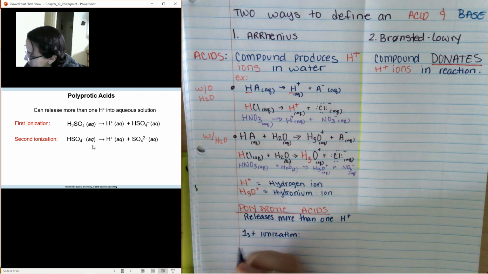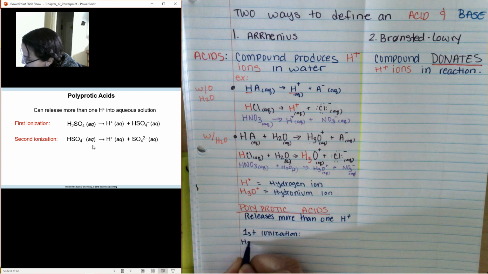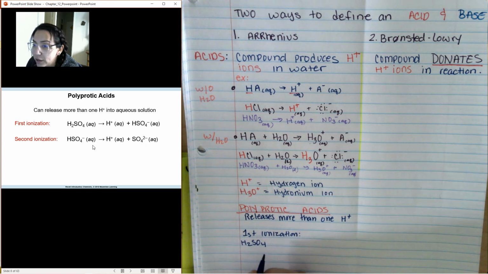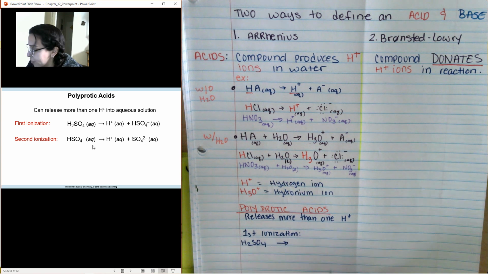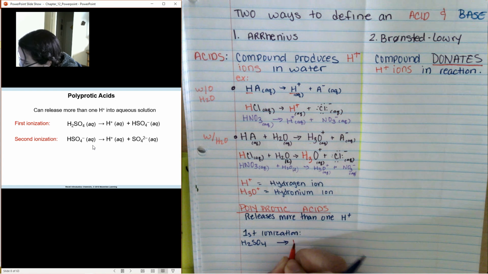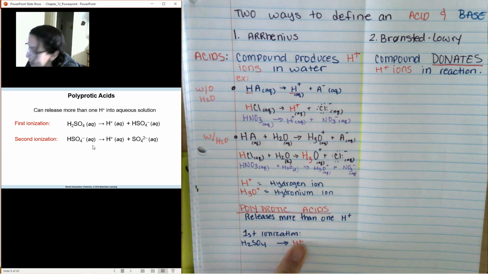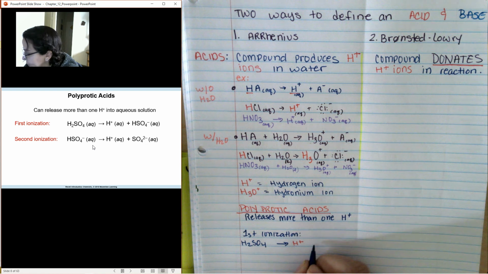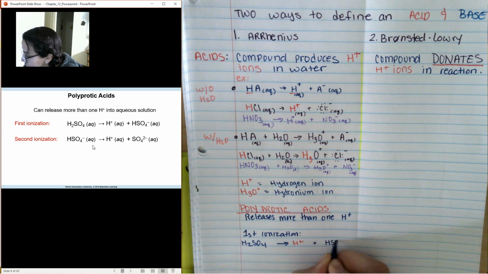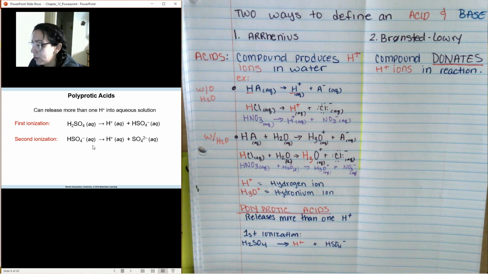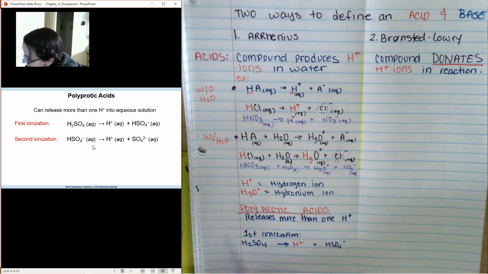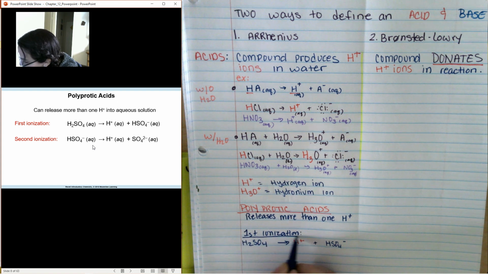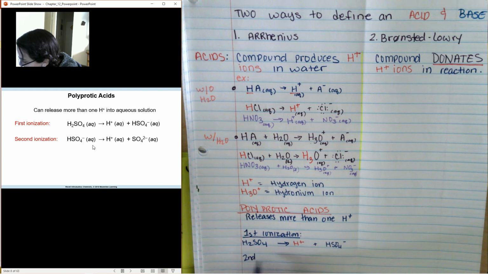Actually, let's write it down. So we have H2SO4, and we know this is occurring in water, so I'm not going to write it with the water. Your first hydrogen leaves, and you end up with HSO4. Then the second ionization happens.